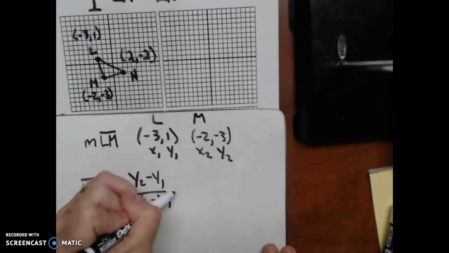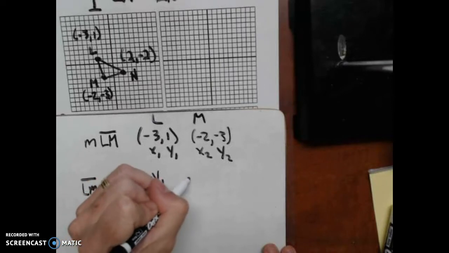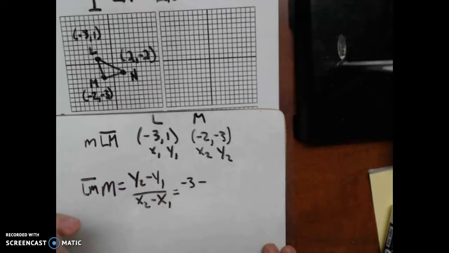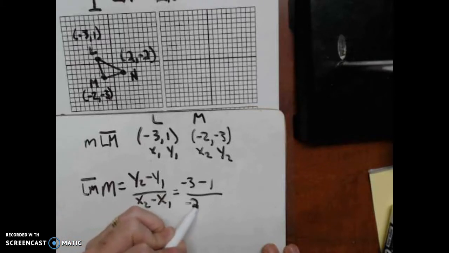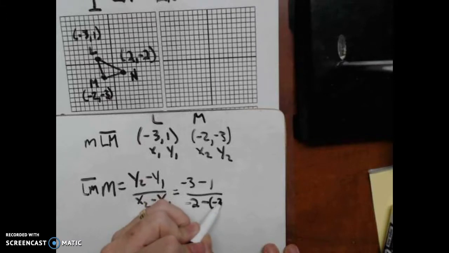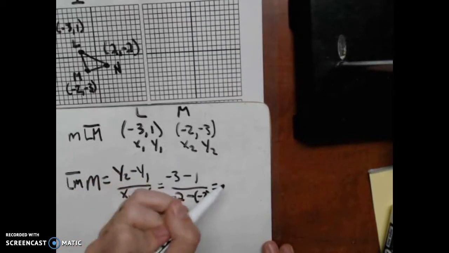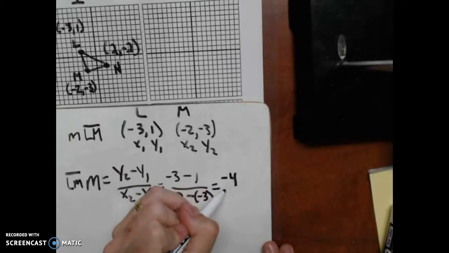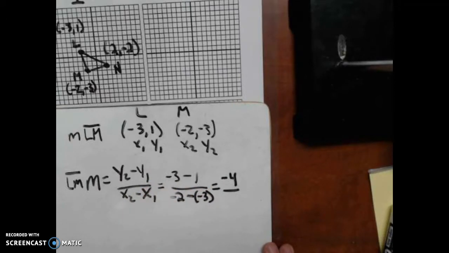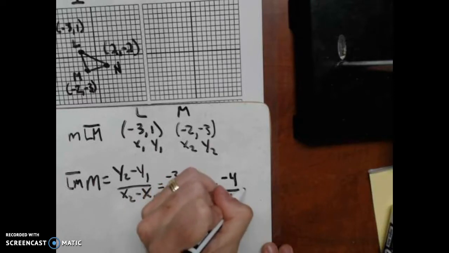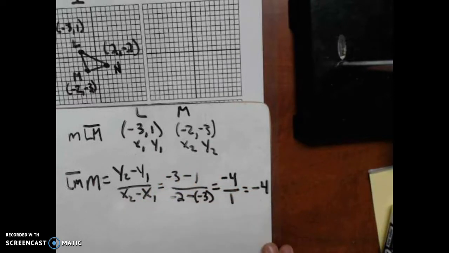I'll plug in the details here. y2 is -3 minus y1, which is 1, over x2, which is -2, minus x1, which is -3. So we do the math here. -3 minus 1 is -4, and -2 minus the -3 is -2 plus 3, and that's 1. So there's our slope for that first line segment, -4.